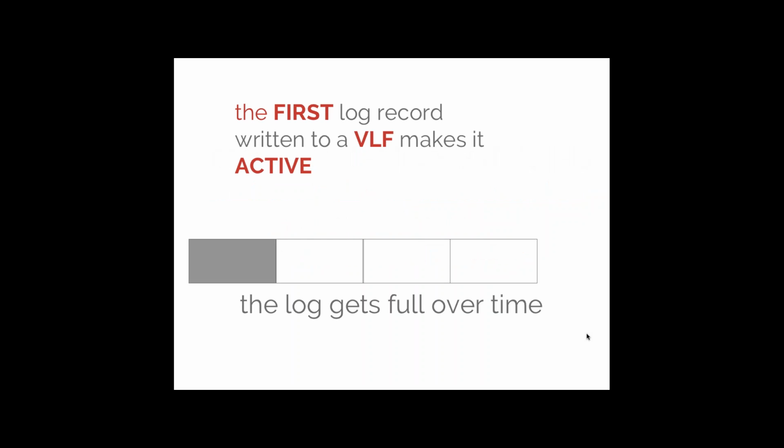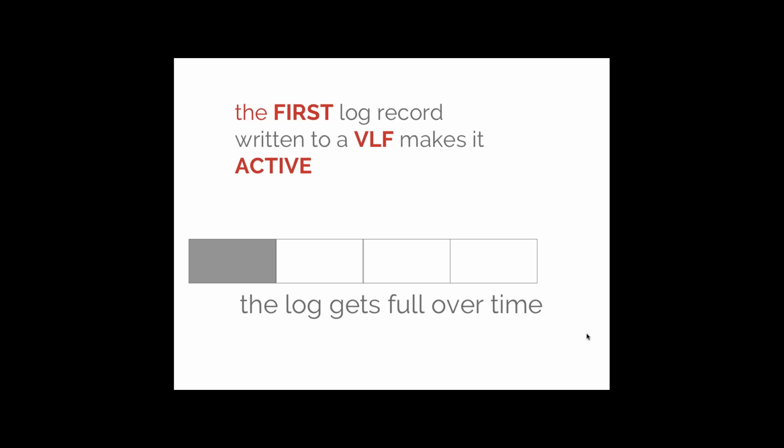Now, as I mentioned earlier, these smaller subdivisions are called virtual log files, and the minute you create a transaction log file in your database, the very first virtual log file is always marked active. In fact, there will always be one virtual log file marked active for every SQL Server transaction log file.